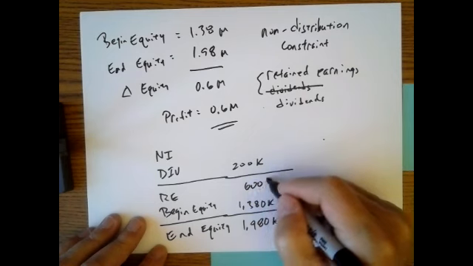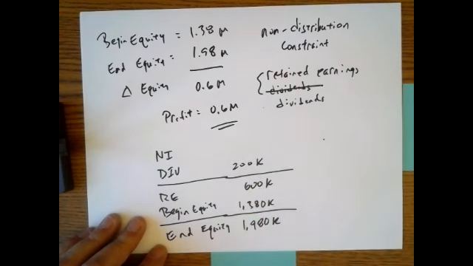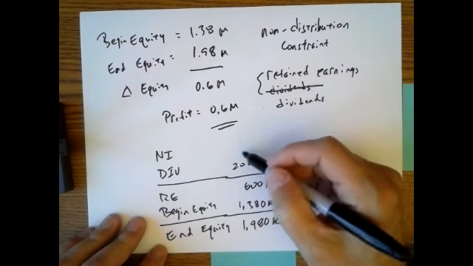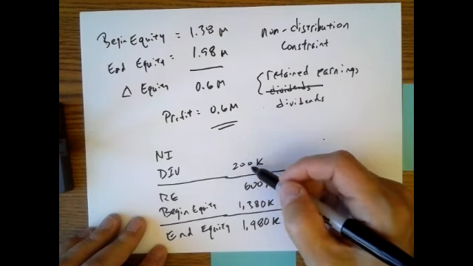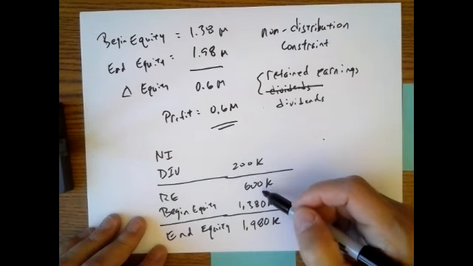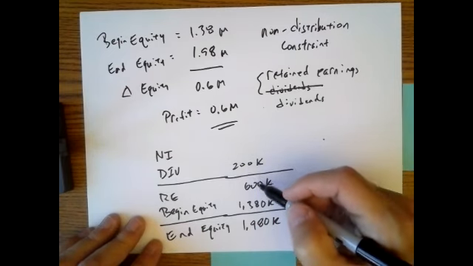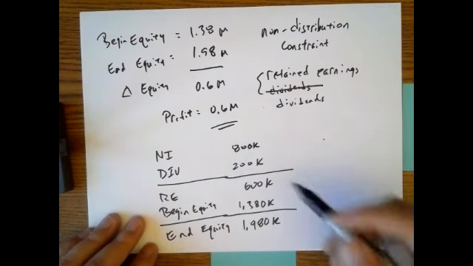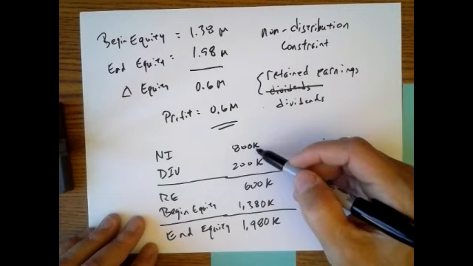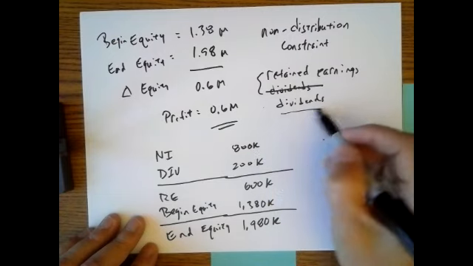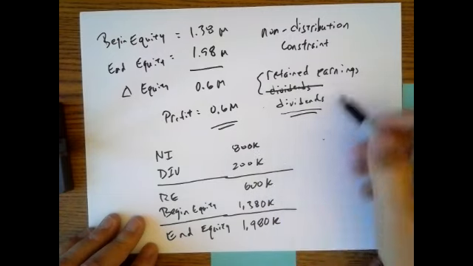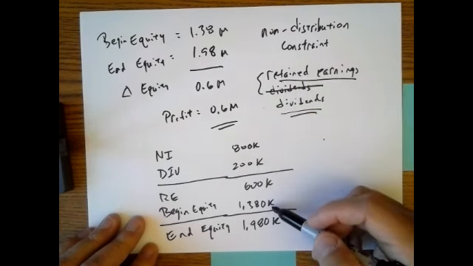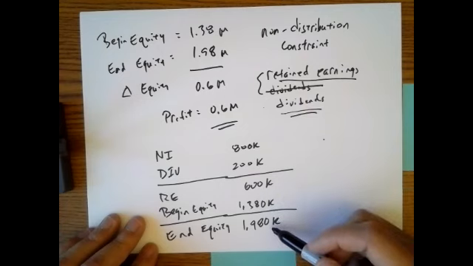So retained earnings is going to be 600,000. So what net income must we have had if we were to subtract off 200,000 and wind up with 600,000? Well, it's fairly straightforward. 600 plus 200 gives us 800,000. So 800,000 in net income minus 200,000 in dividends paid out would give us retained earnings of 600,000, which then gets added to the beginning equity, and we end the equity at 1.98.